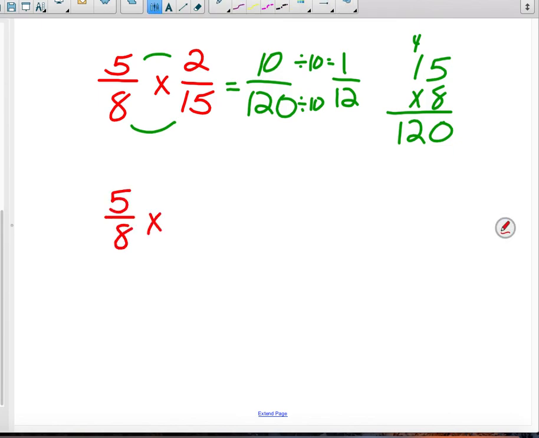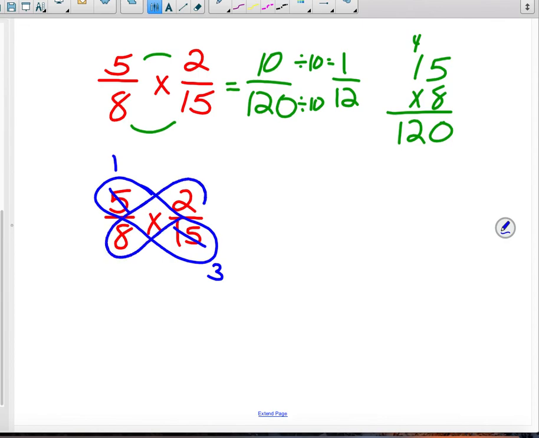If we cross-simplify or pre-simplify, 5 and 15 are compatible numbers. 5 divided by 5 is 1. 15 divided by 5 is 3. 8 and 2 are compatible numbers. 2 will go into 2 one time. 2 will go into 8 four times.